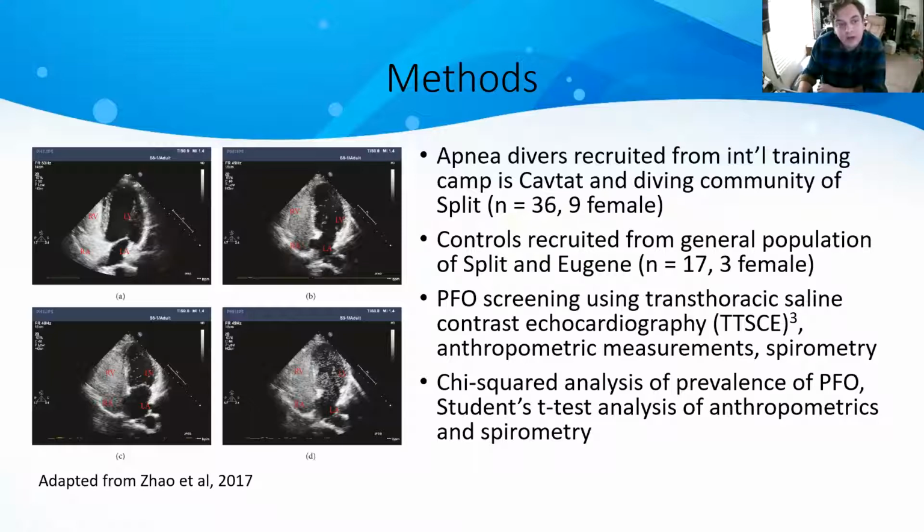When they arrive in the right atrium, they're very obvious, with that nice opaque cloud effect. And as you can see, particularly in the lower right frame there, when there is a foramen ovale, we can see those small agitated saline contrast bubbles pass through the PFO and show up in the left atrium. And when we see that happen, that tells us that a PFO is present.